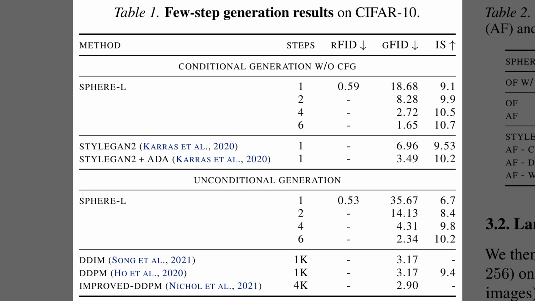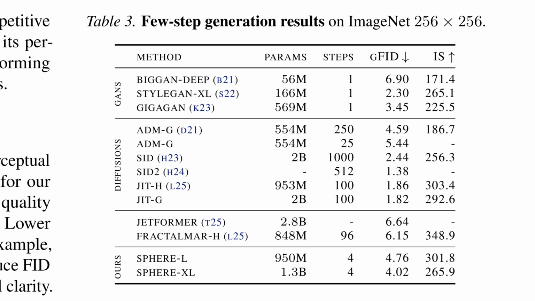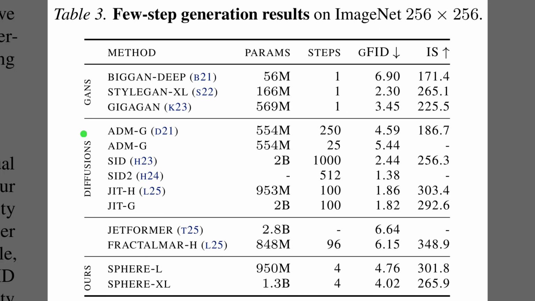Here, the Sphere L model achieves a competitive FID of 2.34 in 6 steps. In stark contrast, standard diffusion models like DDPM require 1,000 to 4,000 steps to achieve comparable quality, highlighting the massive efficiency gain.